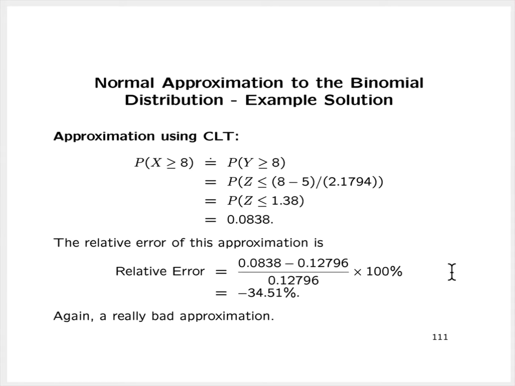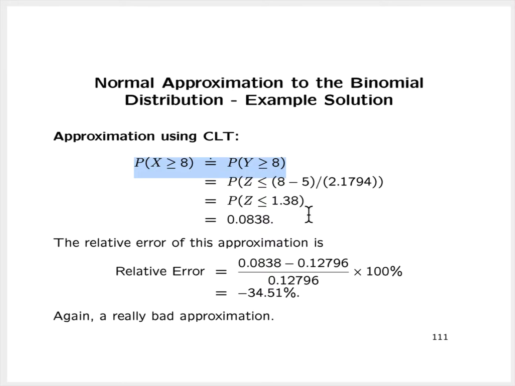So let's approximate the probability that x is greater than or equal to 8. Again, let's use what we might call the naive approach. Let's approximate the probability that x is greater than or equal to 8 by the probability that y is greater than or equal to 8 as well.